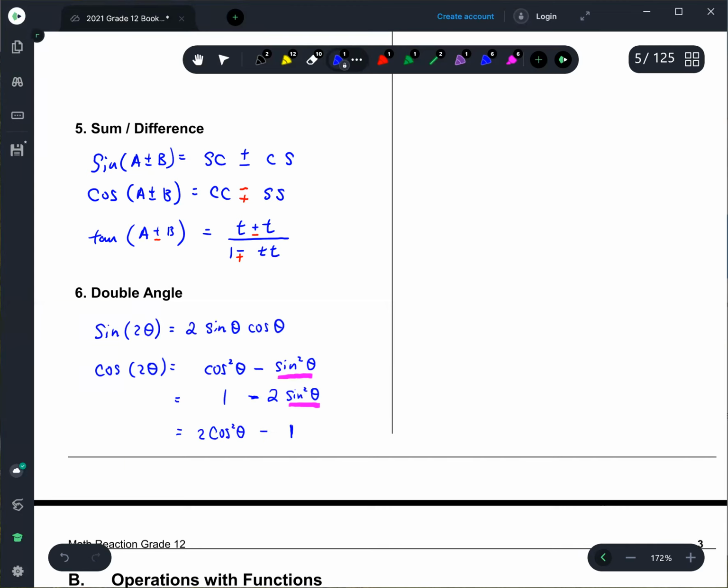You compare those 3. So cosine squared at the front, coco. Just to help you remember the identity very quickly.